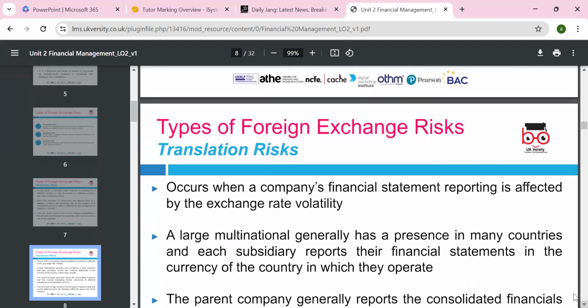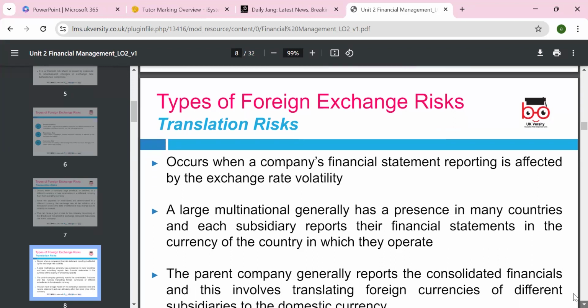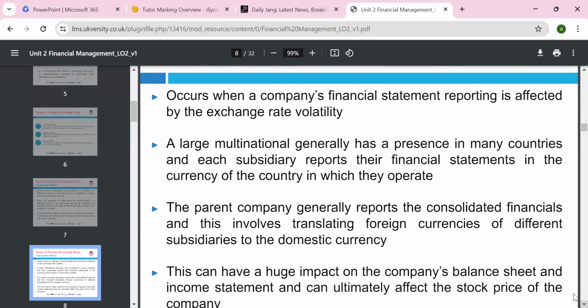Okay, and then translation risk occurs when the company's financial statement reporting is affected by exchange rate volatility. Large multinational companies are generally present in many countries, like Unilever, Procter and Gamble, Nestle, Nike. The subsidiaries report their financial statements in the currency of the countries in which they operate. The parent companies generate the reports in consolidated financial statements.